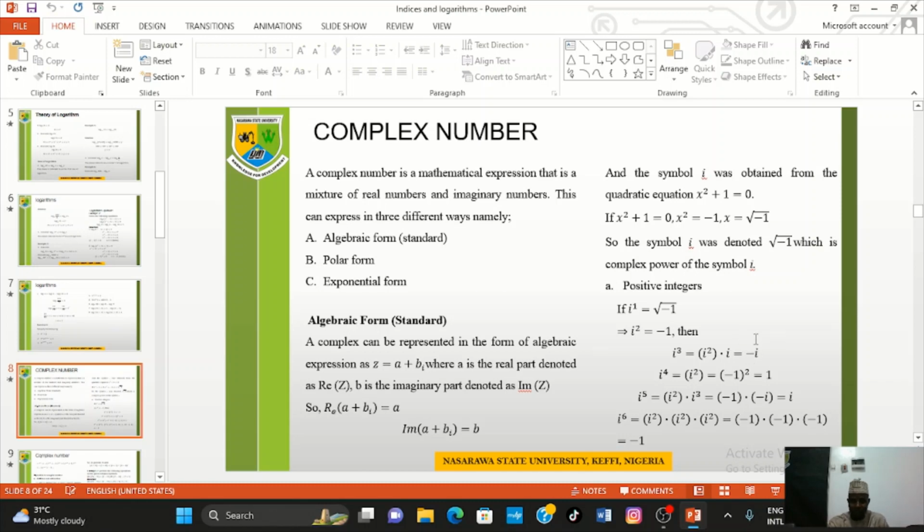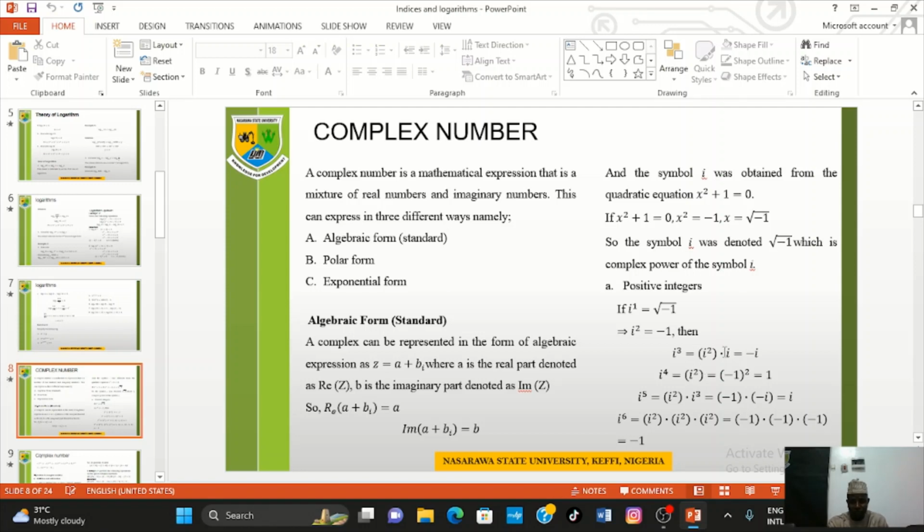Is that clear? Now, if it is i raised to the power of 4, this can be the same as i raised to the power of 2, open and close, squared. Remember one of the laws of indices, x raised to the power of m, open and close, to the power of n, means m now multiplying n.